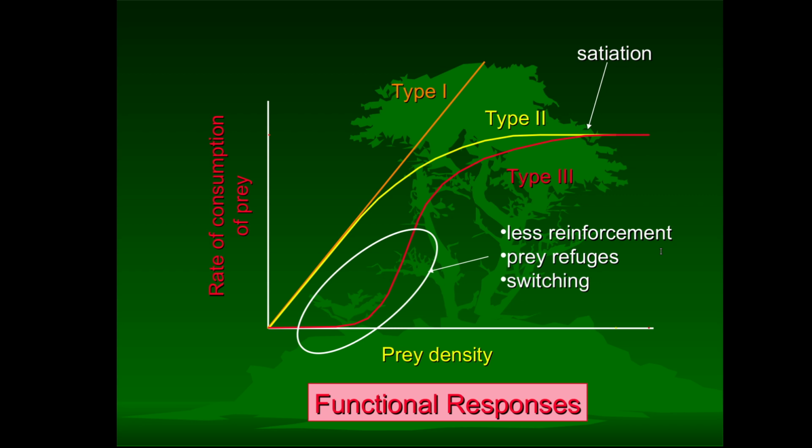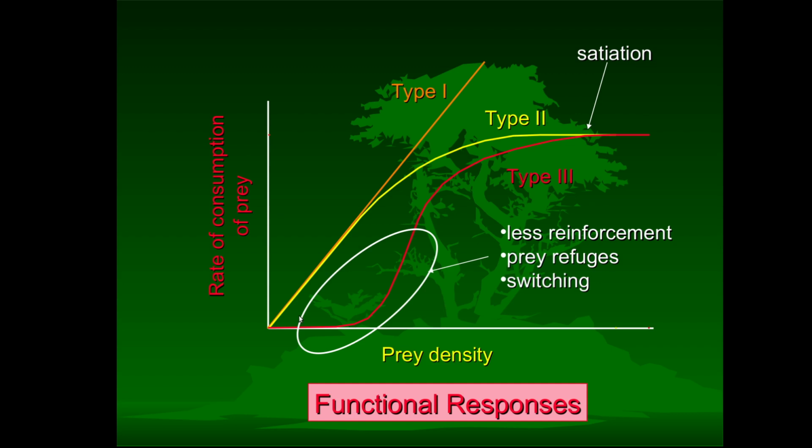So the type 2 curve captures the realistic assumption that the predator individual reaches a maximum consumption rate because it has to capture and handle the prey before consuming it, and the limiting factor in capturing and handling and consuming is no longer prey abundance. It's just the mechanical ability of the predator. So it basically gets saturated by the prey, can't increase any faster.